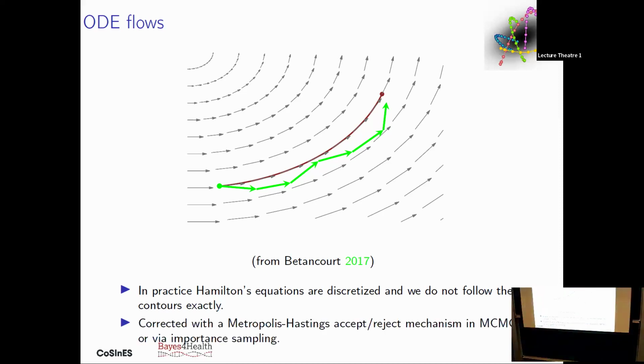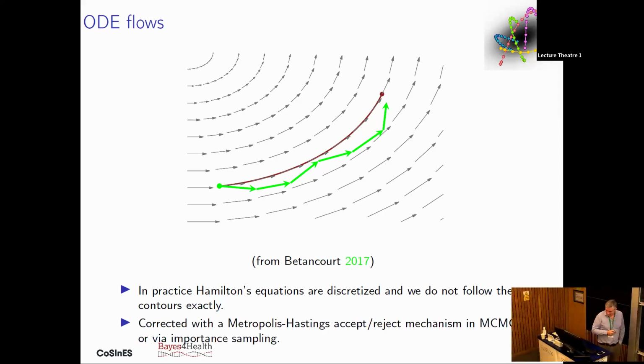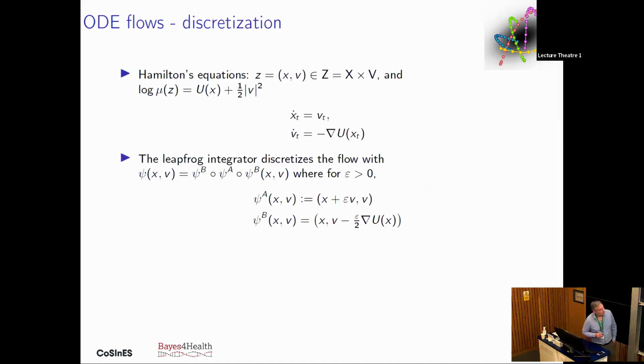This is why one typically uses a Metropolis-Hastings accept-reject algorithm, or importance sampling for that matter, in order to correct for the error. But at least the idea is to use Newton's equations in order to move the samples around the state space in an efficient manner.